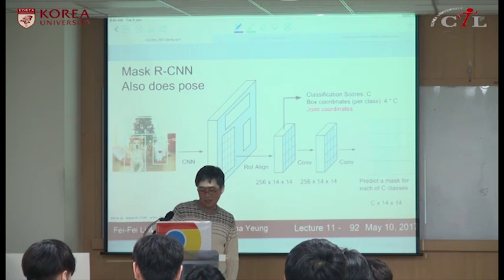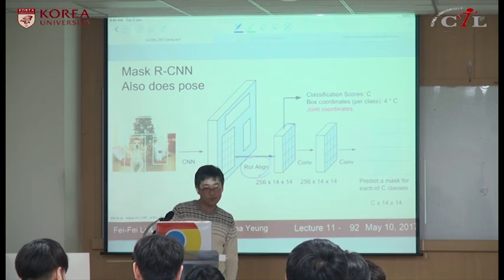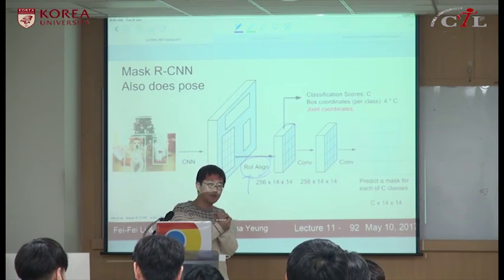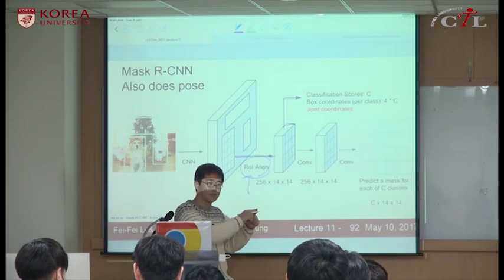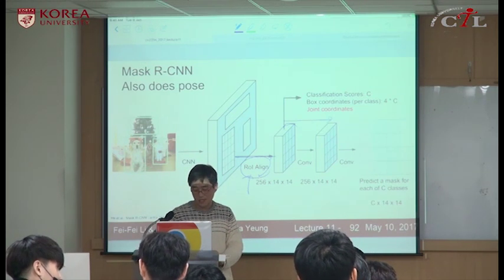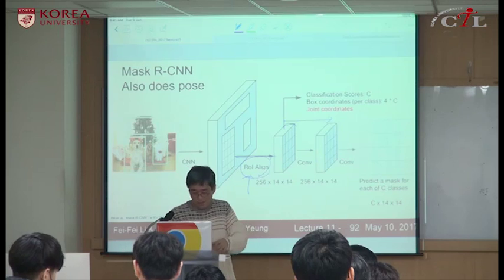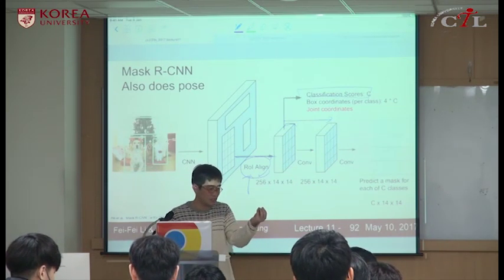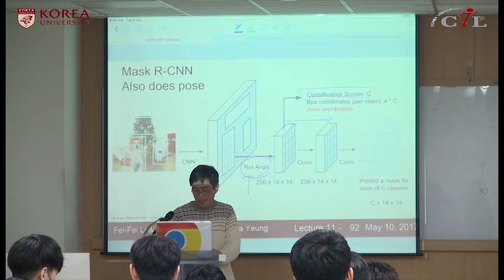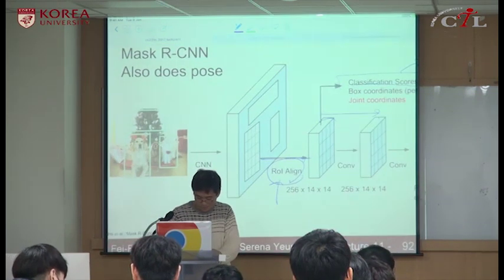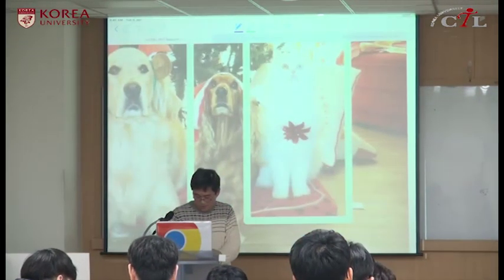So ROI align or pooling makes a predefined, fixed-size activation map out of variable-size regions, right? And then the second stage of our network processes them and performs classification among the class labels.